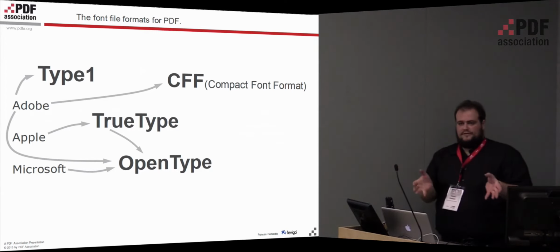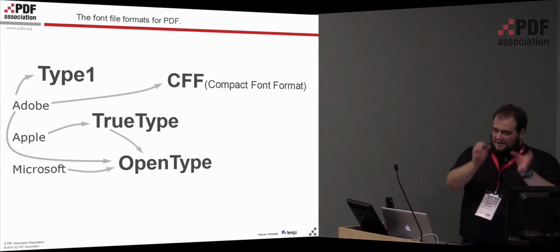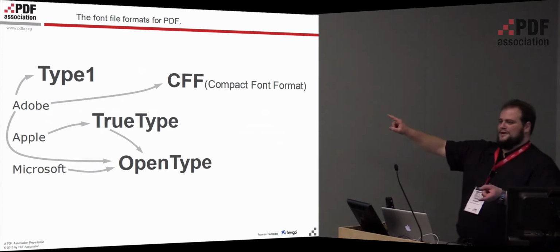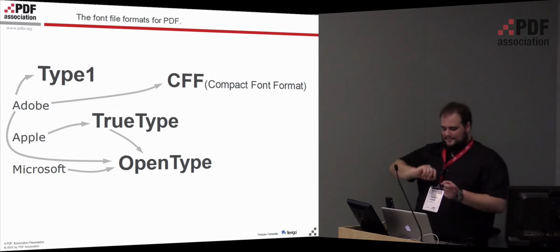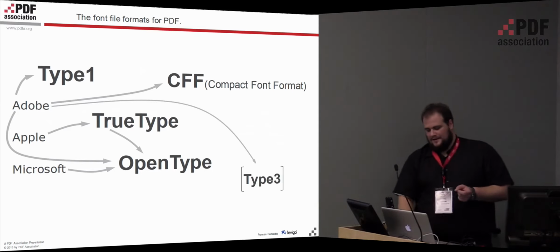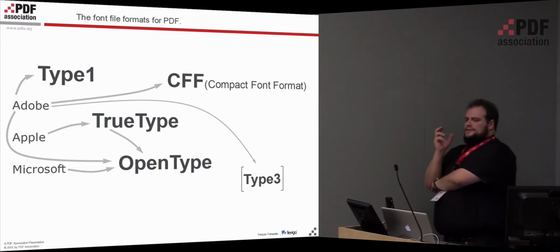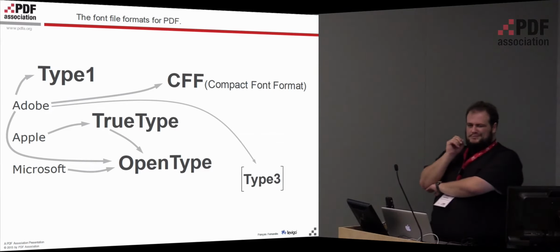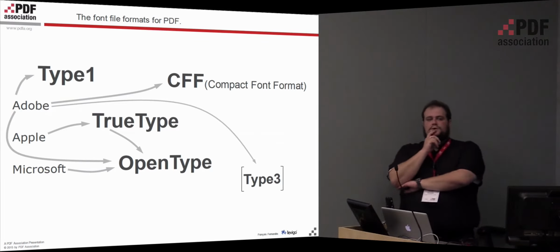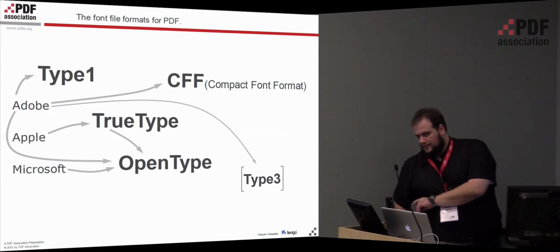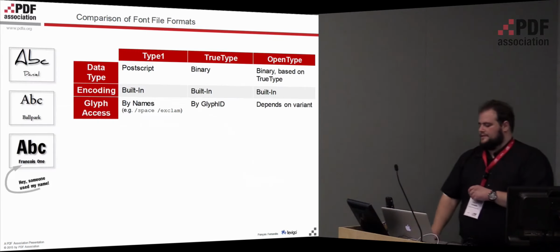So you can have OpenType fonts which include a compact font, which is specified by Adobe. Lovely thing. And quite something special, because it is 100% PDF specific, is the so-called Type 3 font. We'll have a look at what the Type 3 font is in a moment.